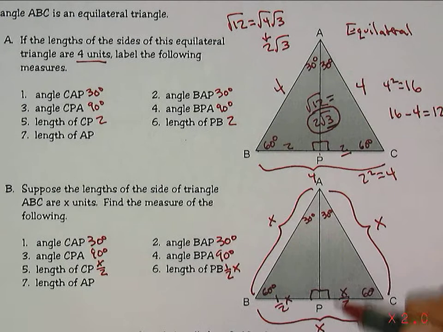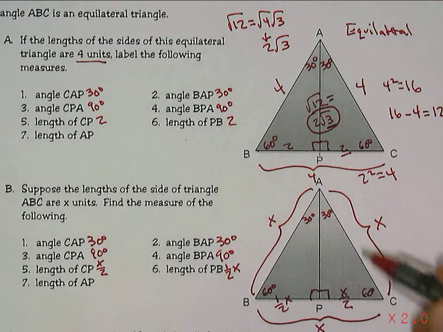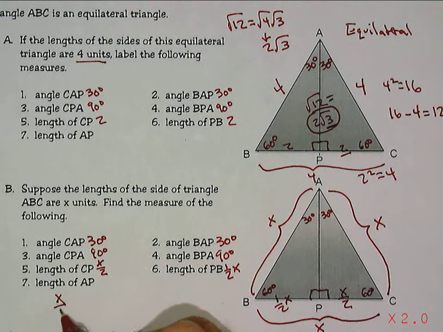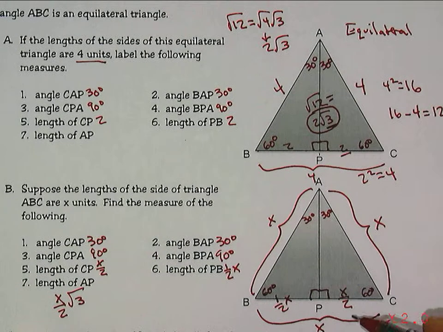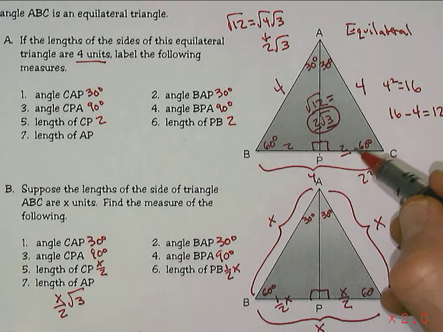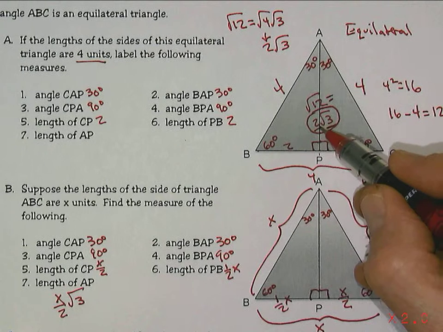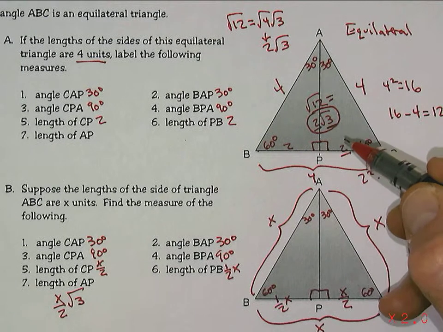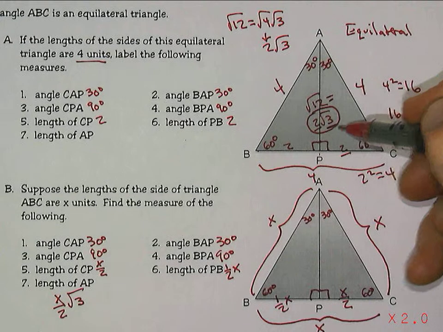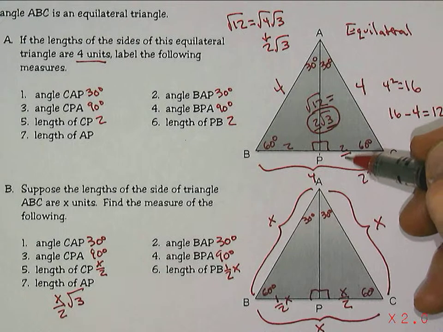And now that we know that this length is x over 2, we know that the center A to P is x over 2 times the square root of 3, because whatever this base leg length is, it's always times the square root of 3, which we saw in the upper one. The base leg was 2, and so this is 2 square roots of 3 tall. And that's always true on a 30, 60, 90 triangle: that leg is a factor of the square root of 3 times whatever the base leg is.